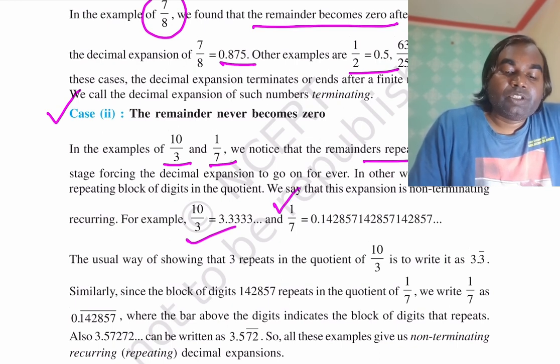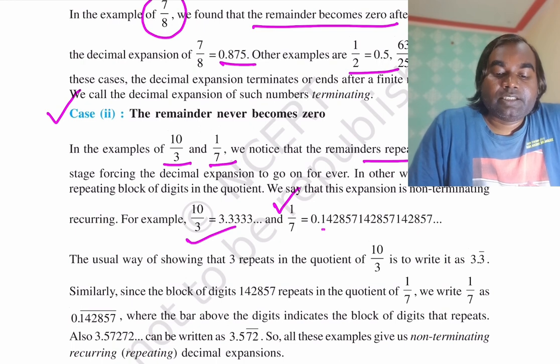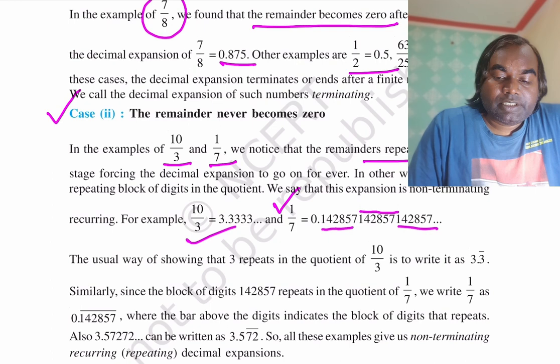Similarly, when you divide 1 by 7, you will get 0.142857, and again 142857, and again 142857. That means there is a repetition of certain numbers. This is called a repeating block.